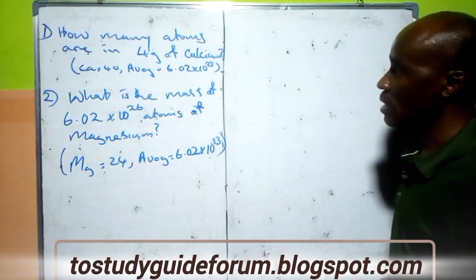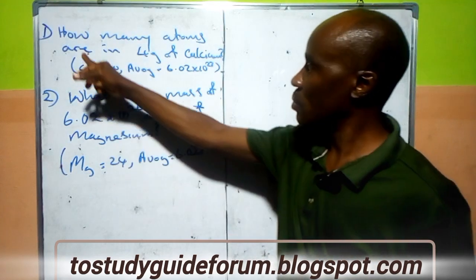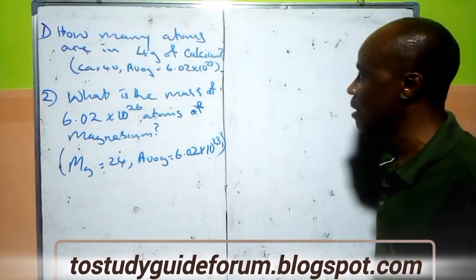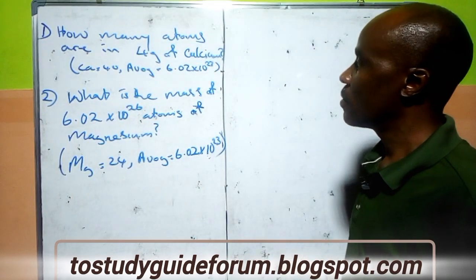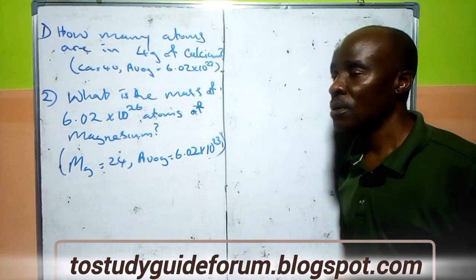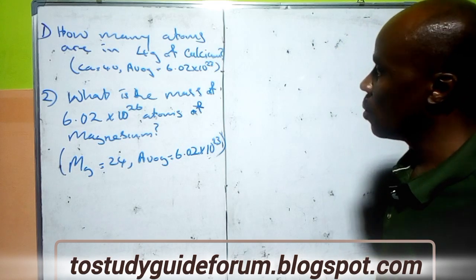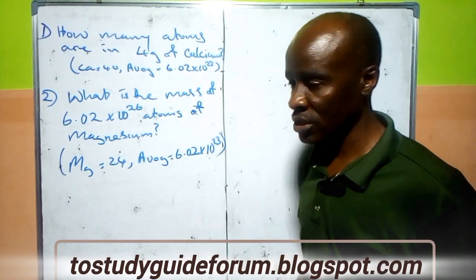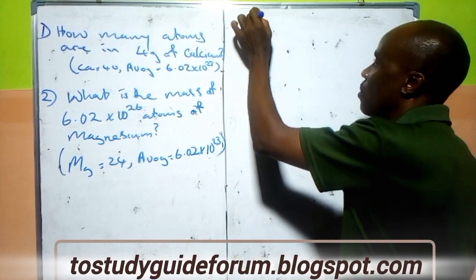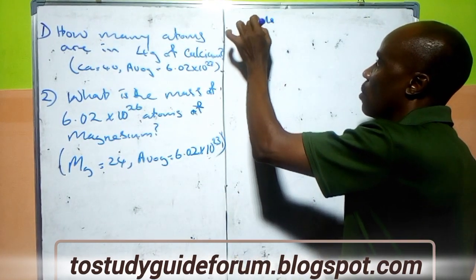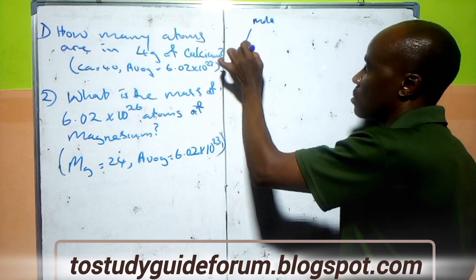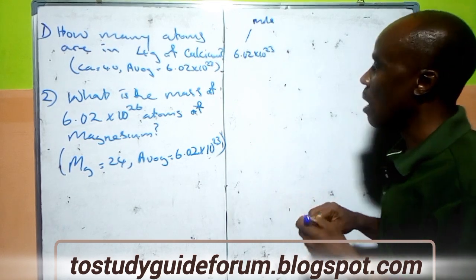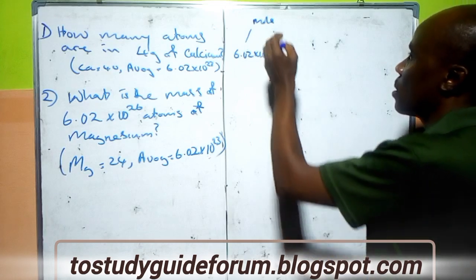So based on that, the question we have here says: how many atoms are in 4 grams of calcium? 4 grams of calcium. The first thing we need to look at is the relationship that we have, where 1 mole equals that.